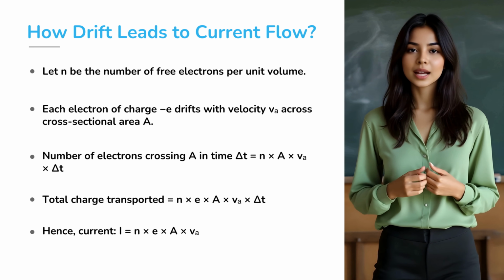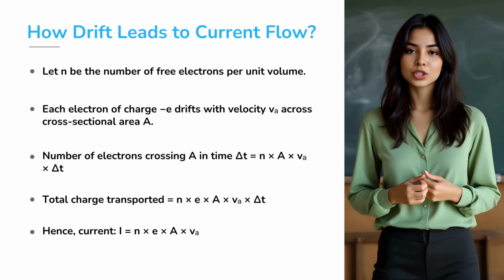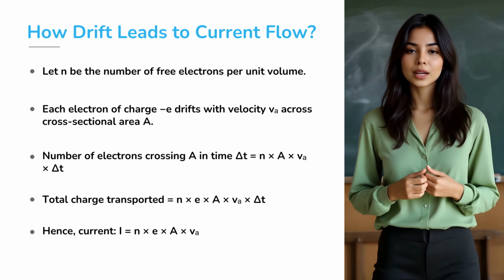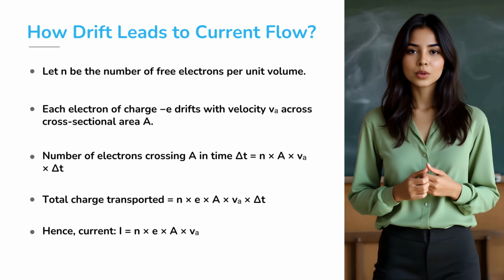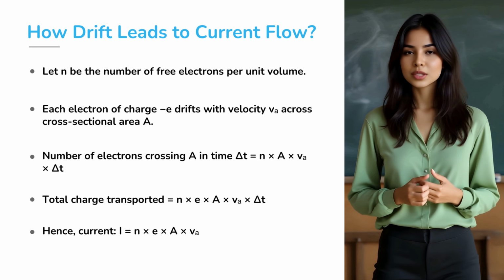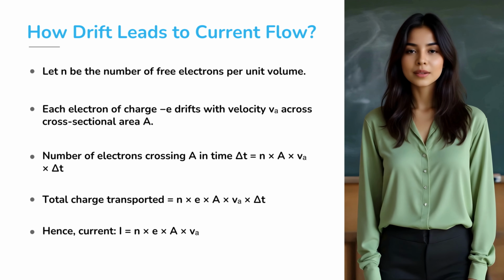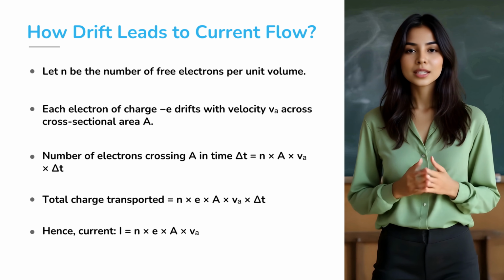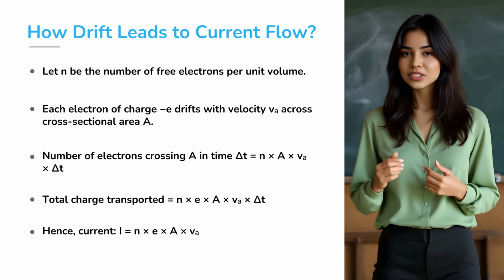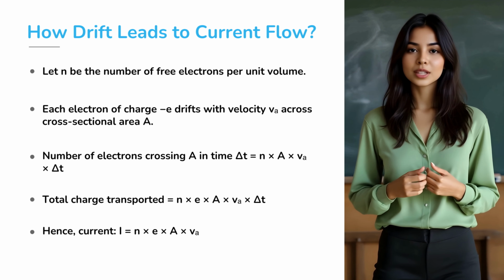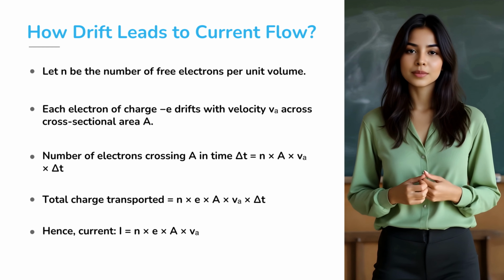Each electron carries a charge e, so the total charge transferred is n times e times A times V sub d times delta t, and therefore current I equals that total charge divided by delta t, which gives I equals n times e times A times V sub d. So the bigger the drift velocity, or the more electrons available, the higher the current.